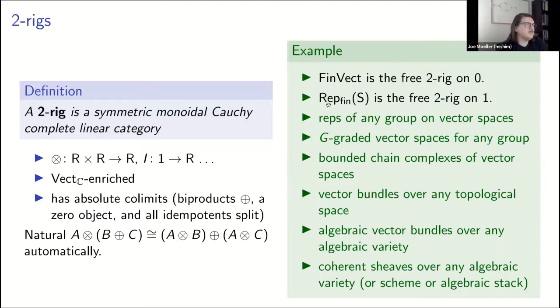These first two examples you should think of as analogs of the two examples in the decategorified setting that we had before. Finite dimensional vector spaces is the free two-rig on 0, so that's like Z. And rep fin S is the free two-rig on 1. Then here's a bunch of other ones, but I'm not going to say anything about them. I just want you to know that these two are in good company.